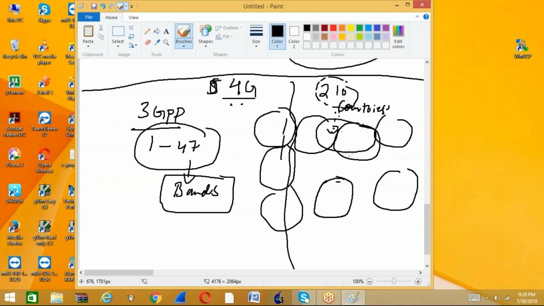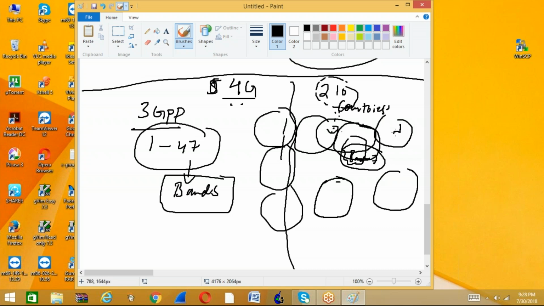For example, I take India: Reliance Jio has taken band number 7, B7. Which band? Band number 7, which means a separate set of range of frequencies.